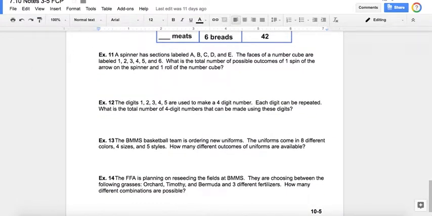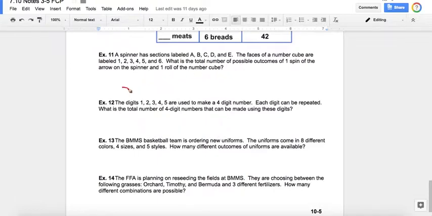So example number 11 says, a spinner has sections labeled A, B, C, D, and E. The faces of a number cube are labeled 1, 2, 3, 4, 5, and 6. What is the total number of possible outcomes of 1 spin of the arrow on the spinner and 1 roll of the number cube?